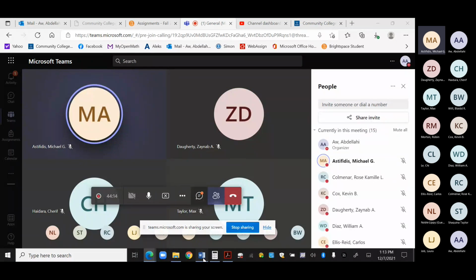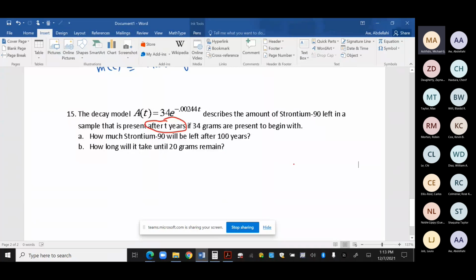Okay, so I was saying, right here it's given: A of t is the mass that is left after t years. How much mass will be left after 100 years?